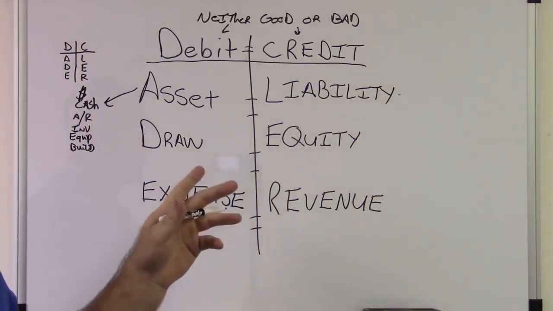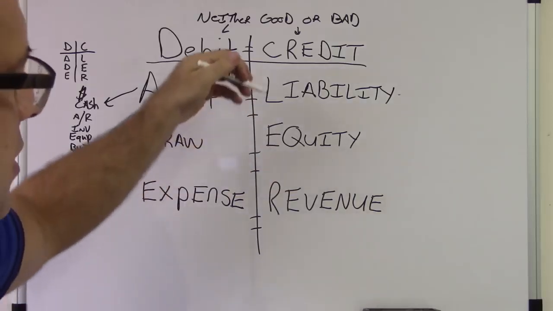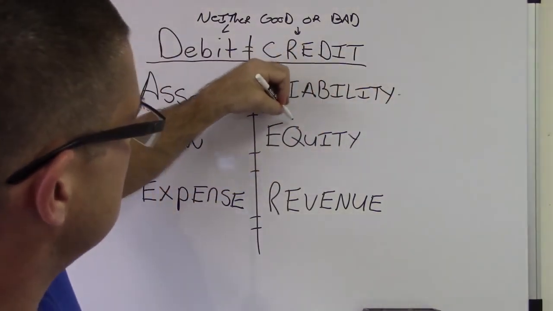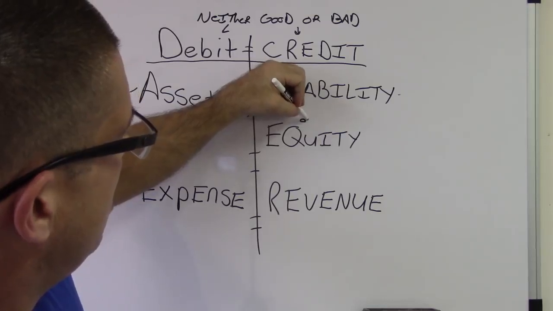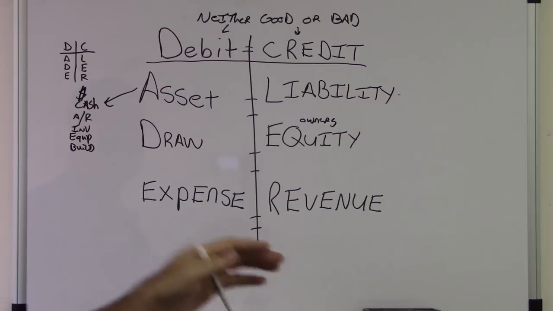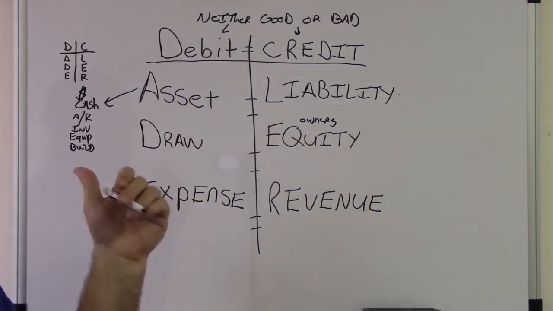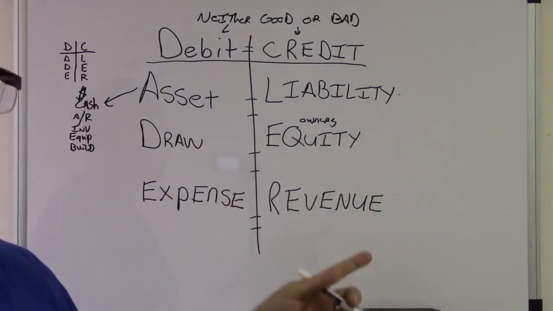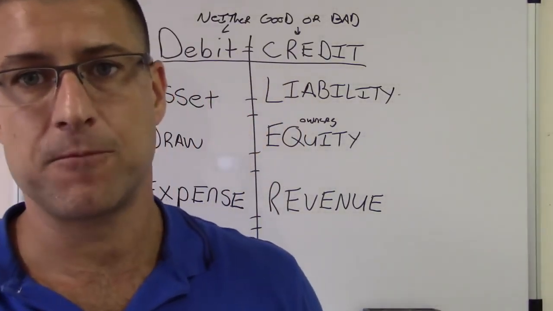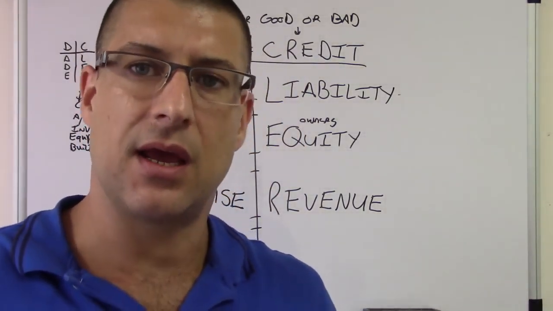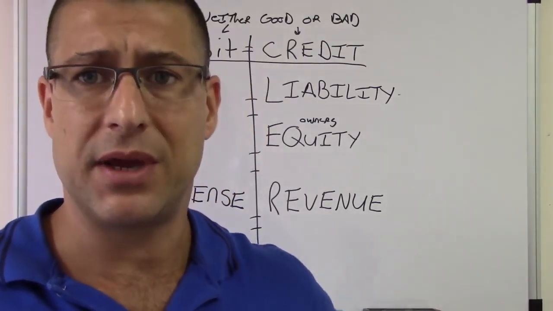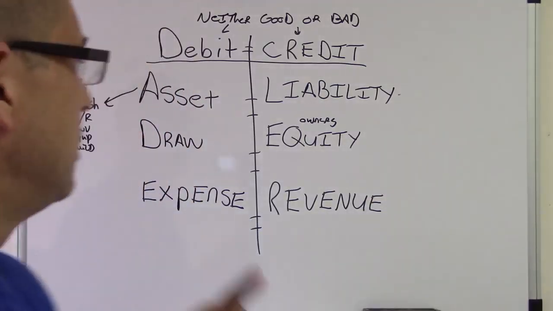A draw is when, say, an owner, this can also be owner's equity. You might see this as owner's equity. But anyways, when the owner writes a check to himself, it's a draw, or if it's a corporation, it could be a distribution or a dividend.